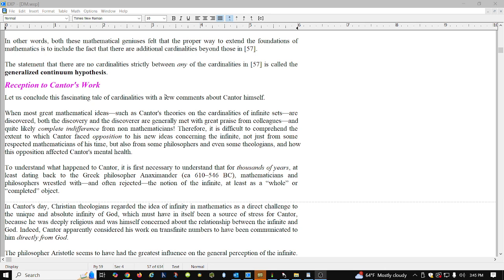In fact, Cantor apparently considered his work on what you could call transfinite numbers, that's infinite numbers, infinite cardinalities, to have been communicated to him directly from God. So here's a very religious person who believes he was inspired by God, but at the same time is being stressed out by theologians who are saying he's essentially a blasphemer.